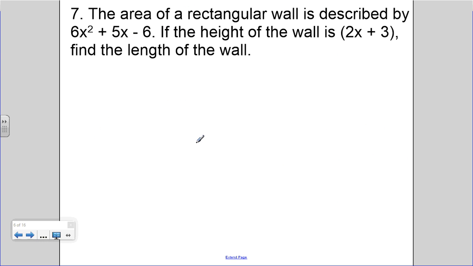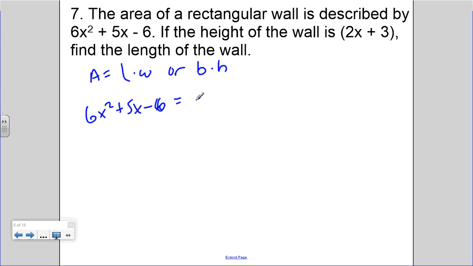The area of a rectangular wall is described by 6x squared plus 5x minus 6. If the height of the wall is 2x plus 3, find the length of the wall. So the formula for area is length times width, or base times height. They gave us the area, so we're going to put 6x squared plus 5x minus 6 in place of a.